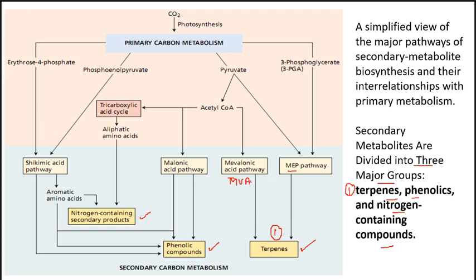Terpenes are synthesized by the mevalonic acid pathway and MEP pathway. About the precursors, we will see later when we study each secondary metabolite in detail. Then we will go from the beginning. Now we are just trying to understand the different names, the different biosynthetic pathways by which each secondary metabolite is synthesized.